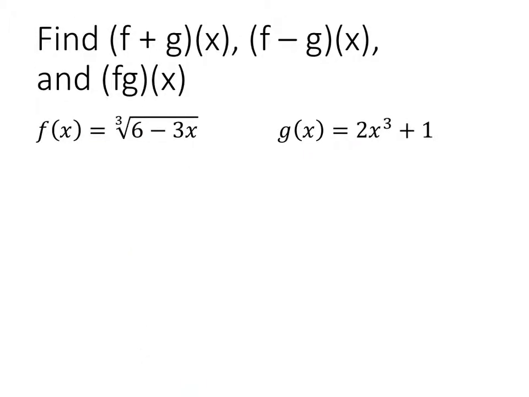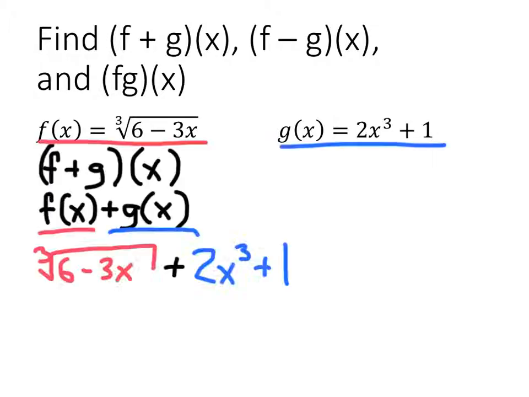The final problem set asks for f plus g, f minus g, and f times g of x for f of x equals cube root of 6 minus 3x and g of x equals 2x cubed plus 1.